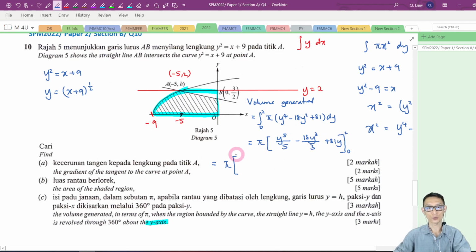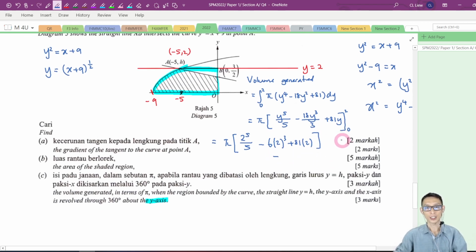Okay, y is equal to 2 to the power 5 over 5 minus, 18 divided by 3 is equal to 6, and y we change to 2 plus 81y. Okay, so minus, here you will get 0. Why? Because 0 to the power of 5, all this becomes 0 because you have y.